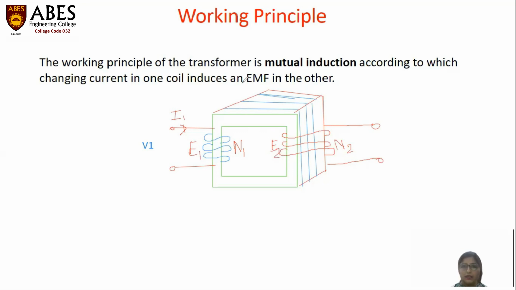And if we connect a load across the secondary, then due to this E2 E.M.F in the secondary, a current I2 will flow through this load, and V2 voltage appears across the load. So this was about the working principle of the transformer.